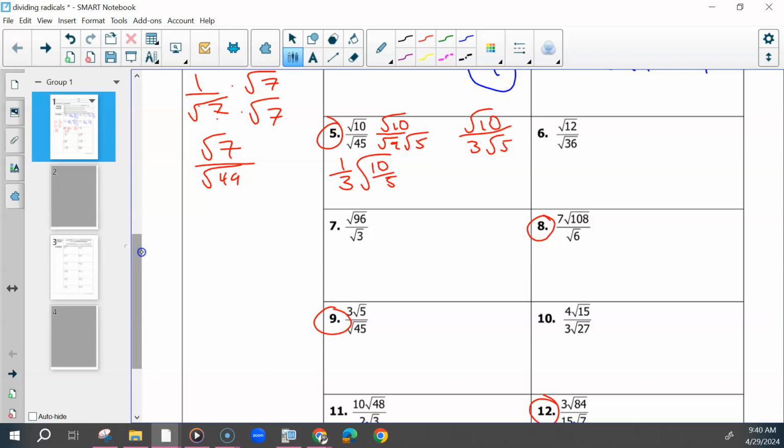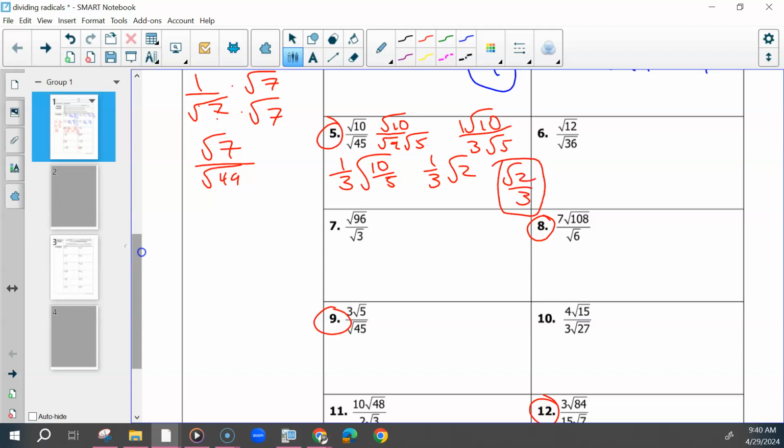Why is it 1 over 3? Because we're still dividing. There's a visible 1 here. The 3 has to stay in the denominator. So this would simplify to what? 2. So we have 1/3 times the square root of 2. And to put that together, we would have the square root of 2 over 3.